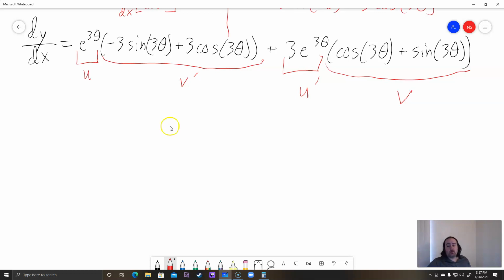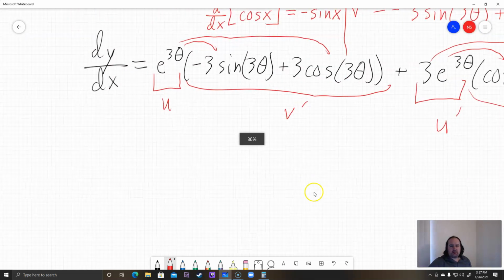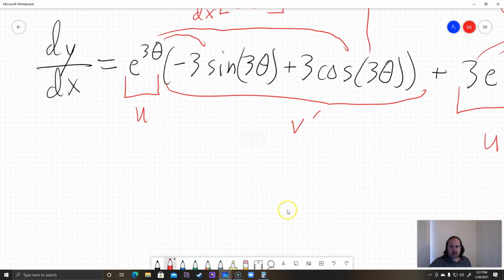Okay, and then of course we still need to distribute. We're going to distribute the e to the 3 theta over this first set of terms, and we're going to distribute the 3e to the 3 theta over the second set of terms. So let's focus on the first set of terms, and then we'll look at the second set.